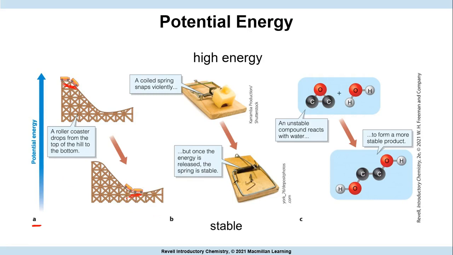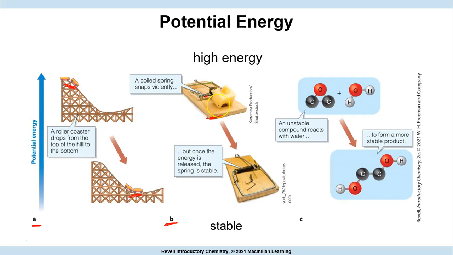Now let's look at B here. In B, we are looking at a mouse trap. So in this mouse trap, in this first part, we see that there is a coil spring, and if we want to set the trap, we have to input energy and pull the coil spring backwards, and then we fix the spring such that if the mouse touches, it snaps.